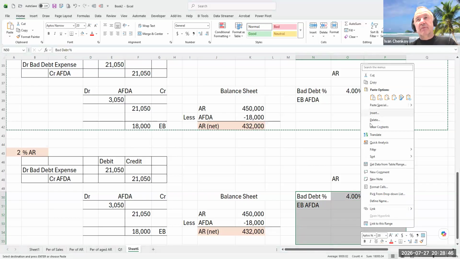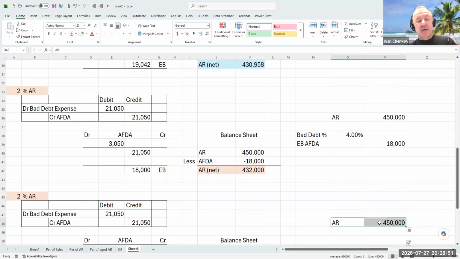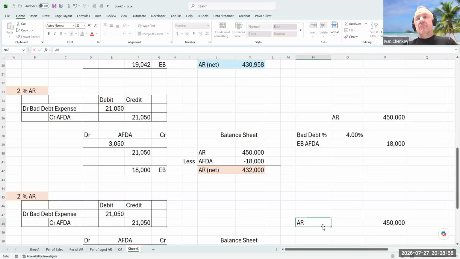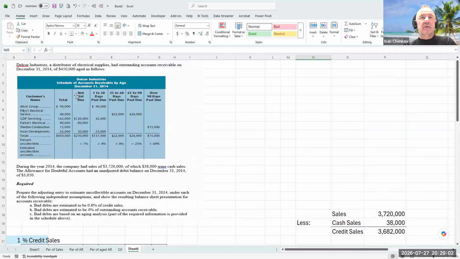If I push all those cells down, now I'm going to have my accounts receivable, even though that's irrelevant, but now we're going to go with the different sections.